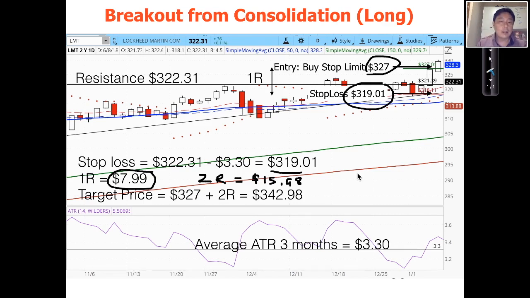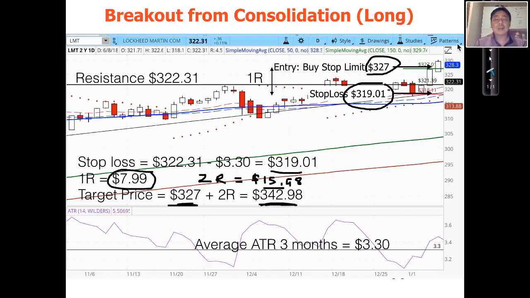Yes. Okay. So if I want to place a target price, my target price would be the entry price, which is 327, plus 2R, plus 15.98. So my target price would be 342.98. And you can't see it on the chart because it's way up there, all right?